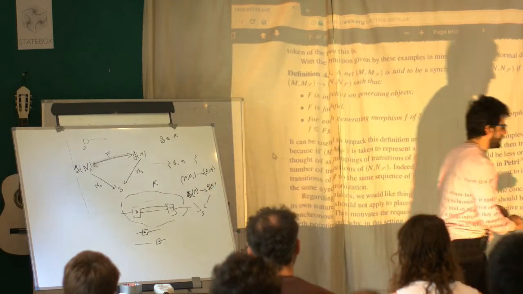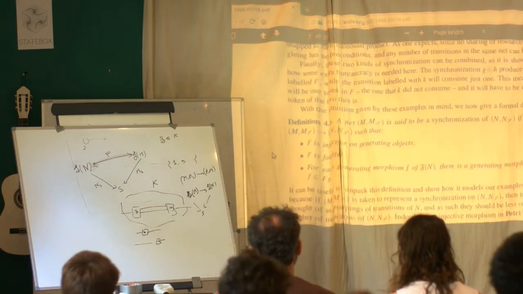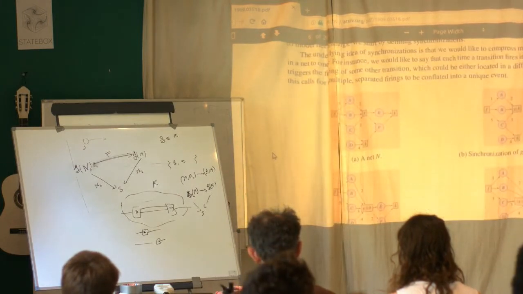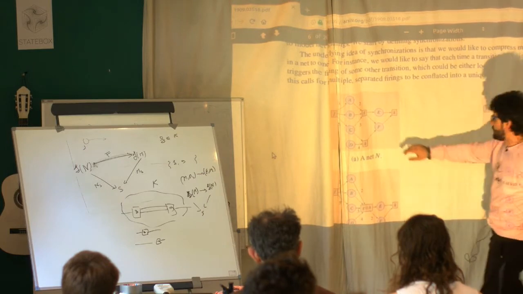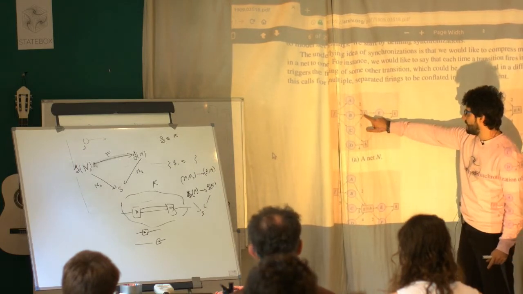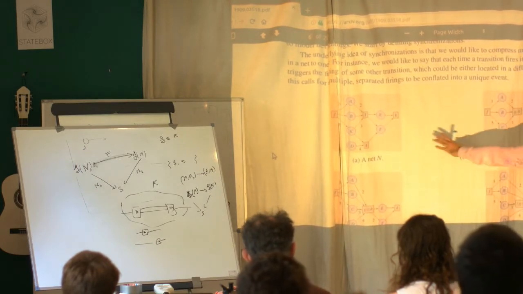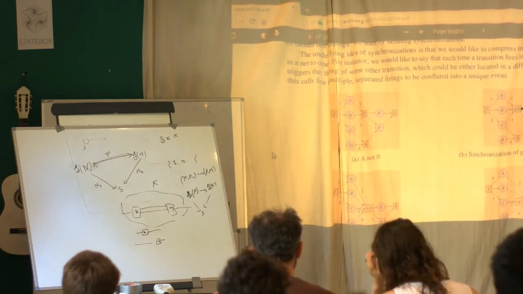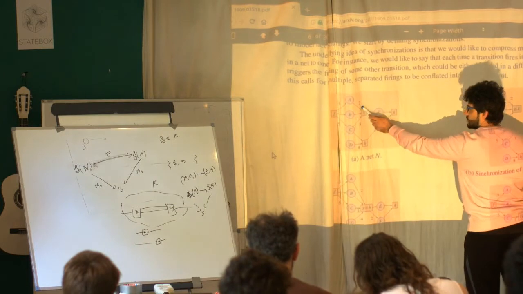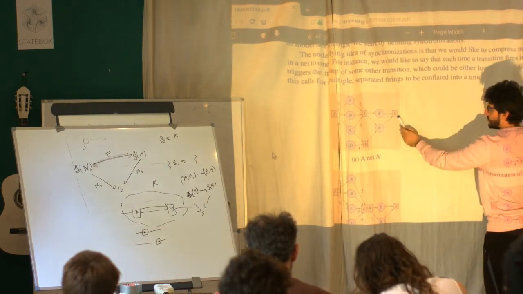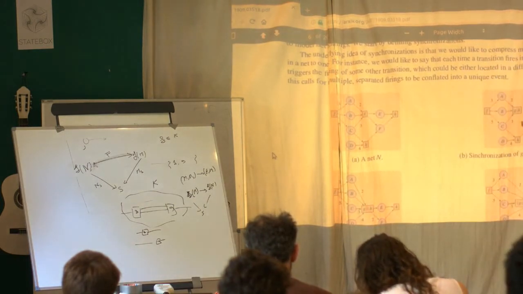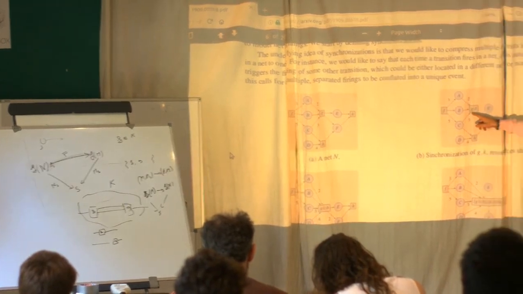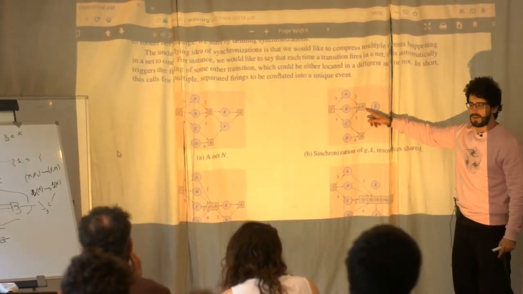And that's how we do synchronization on this. So for instance, I'm really saying that the gluing of this net is this. And what I'm doing is saying that if this transition is mapped to G in the semantics, and this is mapped to K in the semantics, then this generating morphism is mapped to G after K in the semantics.